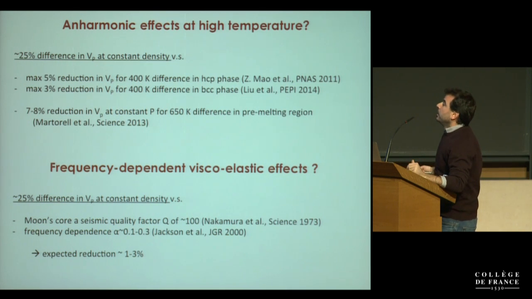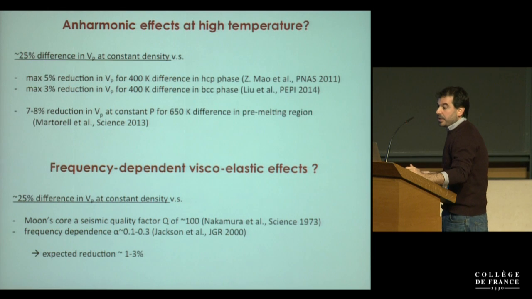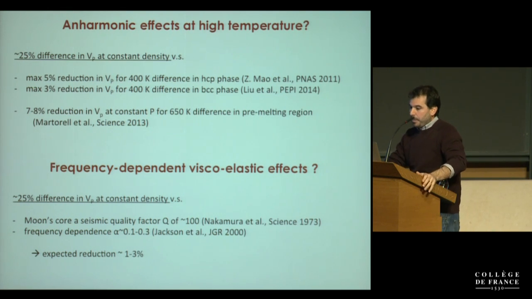But in general, we can say that probably the effect is larger on VS than on VP, but even then, assuming some literature value for the seismic quality factor of the core around 100 and the frequency dependence alpha measured for alpha iron, we end up with an expected reduction of the order of a few percent. Once again, not compatible with a 25% difference.